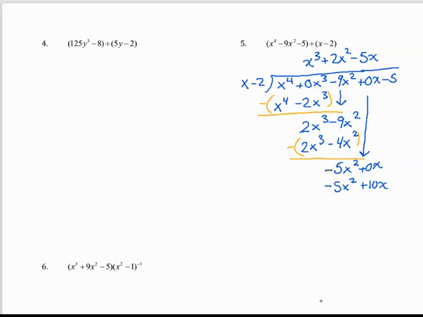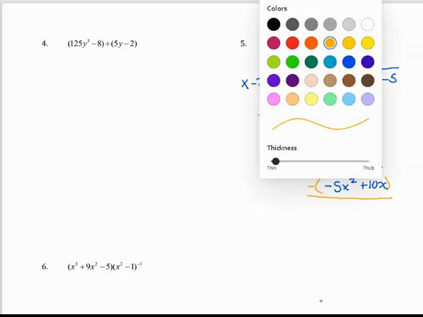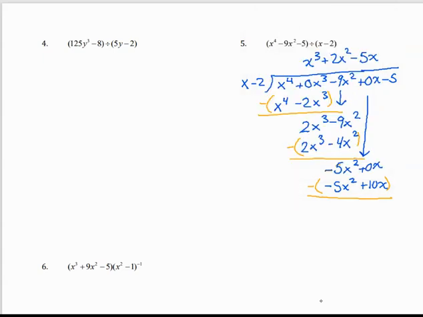And now we subtract. When I subtract that, we have negative 5 minus negative 5, so that becomes 0x squared. 0x minus 10x, which will give me negative 10x. And I bring down my last term of negative 5. Now I ask myself, how many times does x go into negative 10x? And that's negative 10 times.